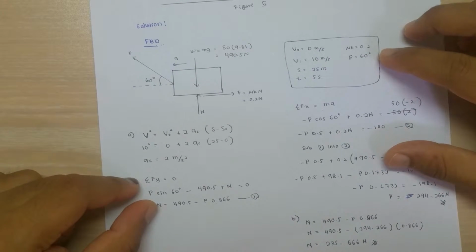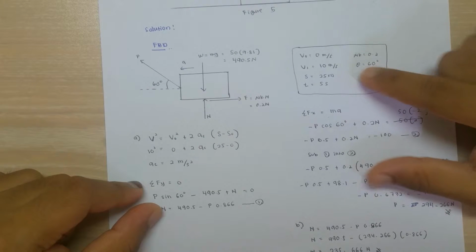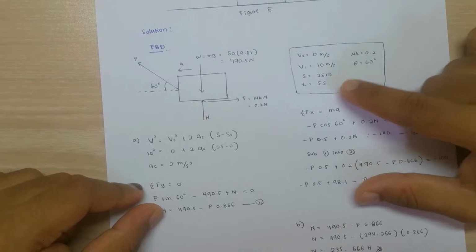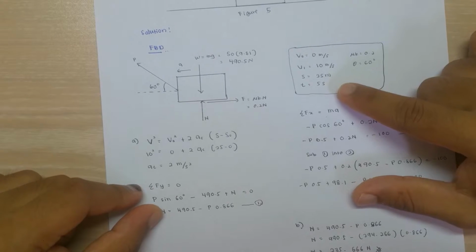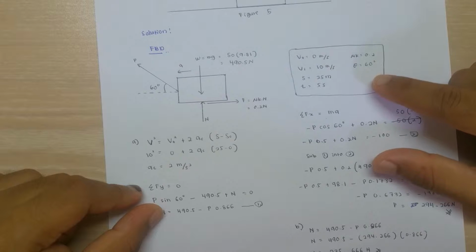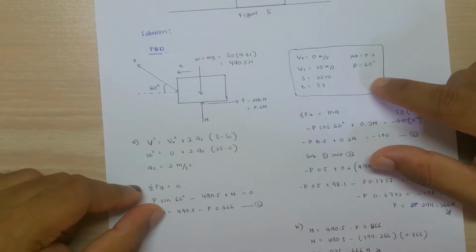From the given data, V0 is equal to 0 meter per second, V1 is 10 meter per second, S equal to 25 meter, t is 5 seconds, μk is 0.2 and the angle is 60 degrees.